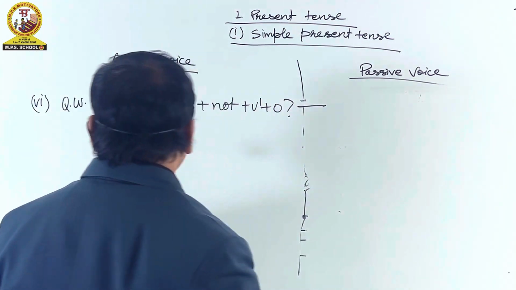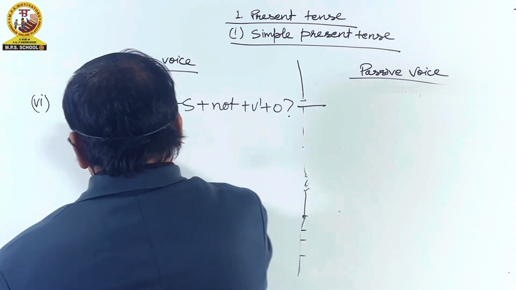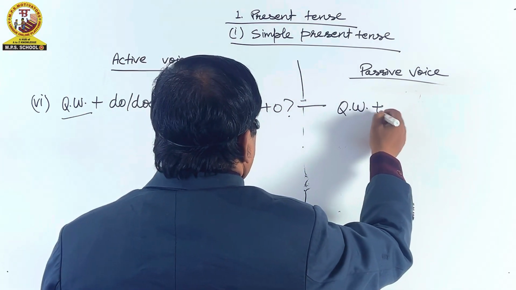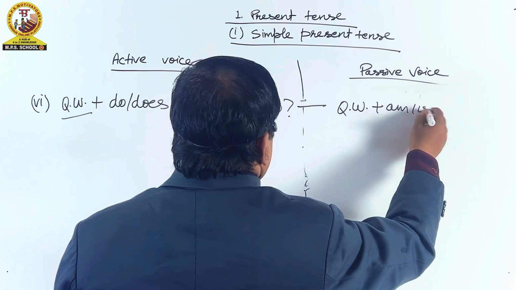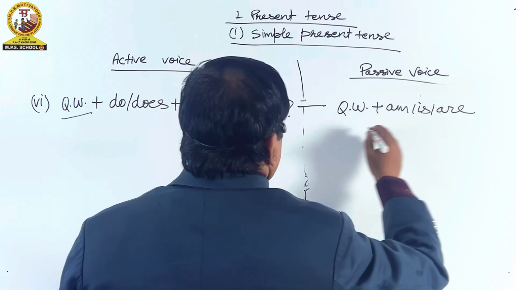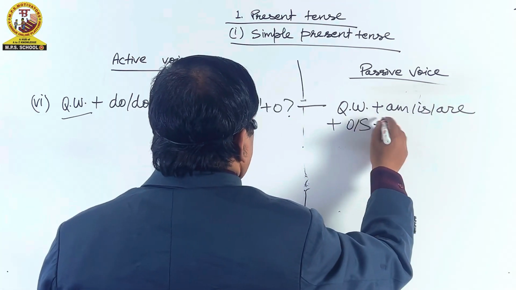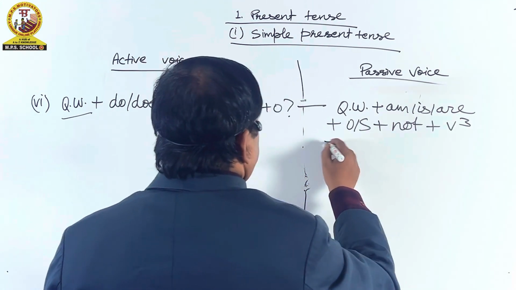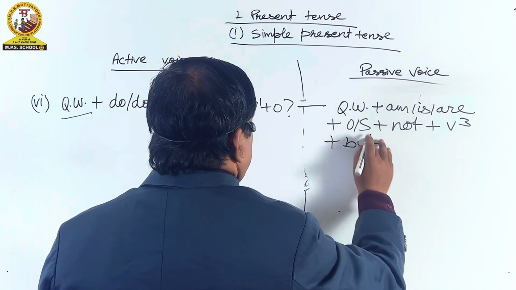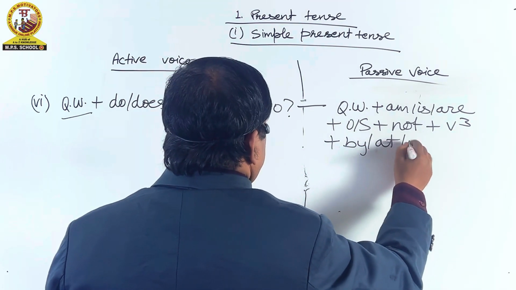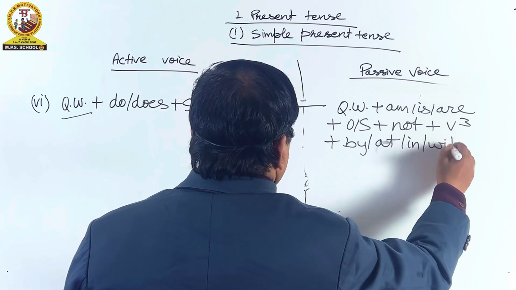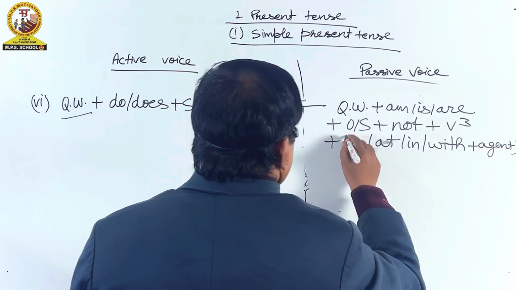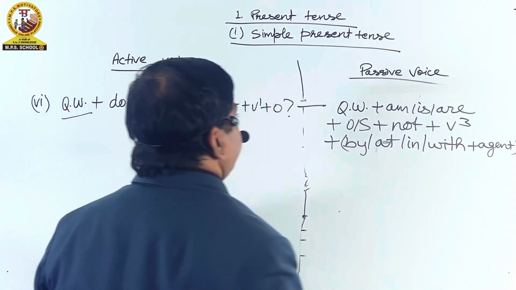In passive voice, we will start with the same question word plus am, is, are plus object subject plus not plus v3 plus by or at or in or with plus agent question mark.